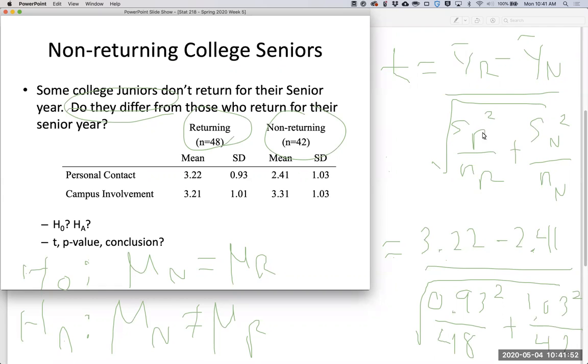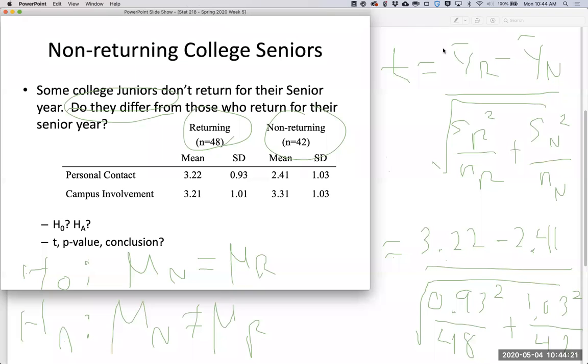So at this point in time, I'm going to pause the recording so that I can do this in my calculator, and I'm going to get right back to you. So you probably want to pause yourself and verify that you can get this number yourself. Pausing. So I got as my answer 3.89.